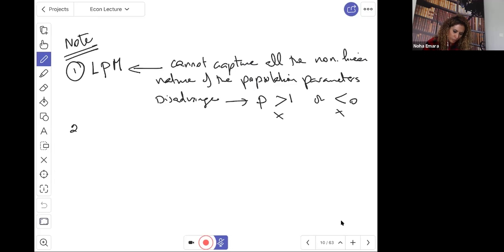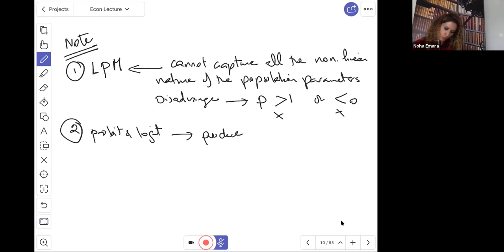The second thing to remember is that probit and logit both produce, as I said, similar results. So you can choose any one you prefer.